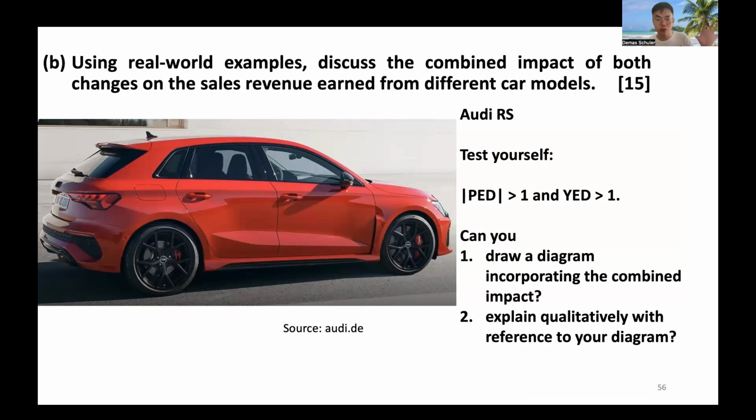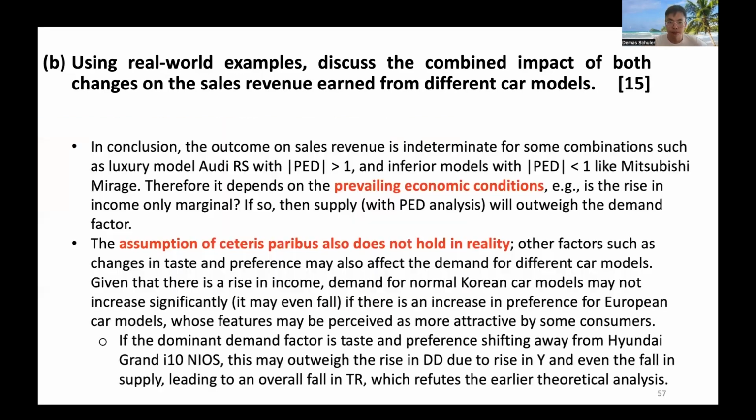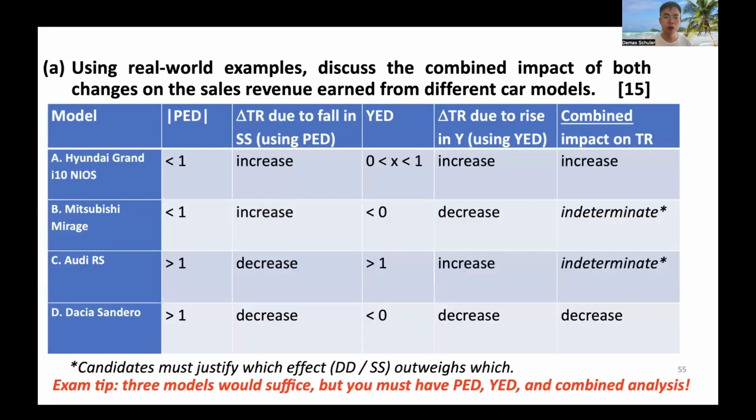And not only that, you can't just stop at your diagram, you must also explain qualitatively what happens to total revenue, the sales revenue earned from selling the Audi RS. And of course, if you're still not sure, you can test yourself again using Model D, the Dacia Sandero.